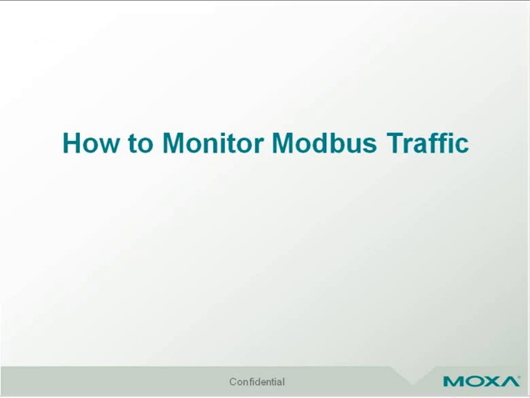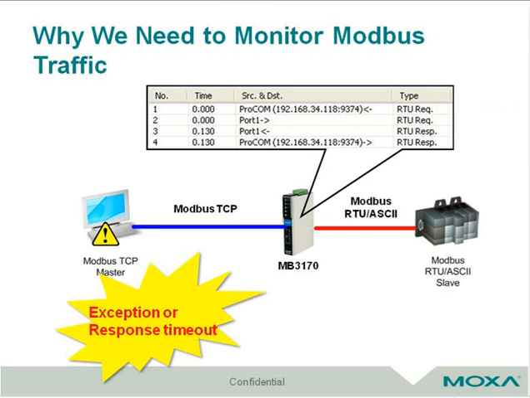Sometimes the Modbus communication may go wrong, so we would like to share our experience with you about how to monitor Modbus traffic. Let's take a look at an example network topology. A Modbus TCP master connects to a Modbus RTU slave through our MGATE MB3170.